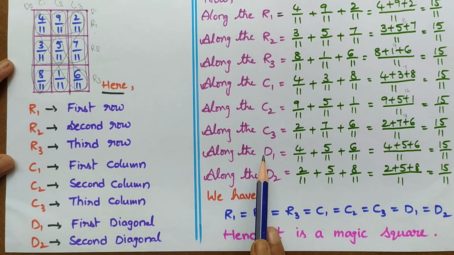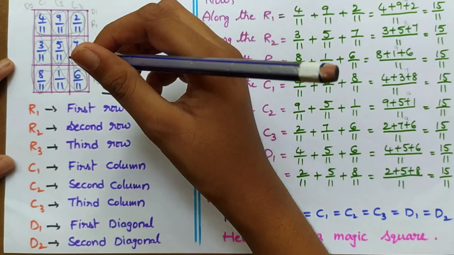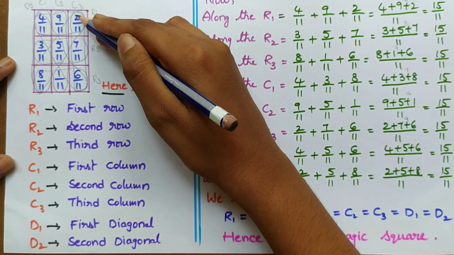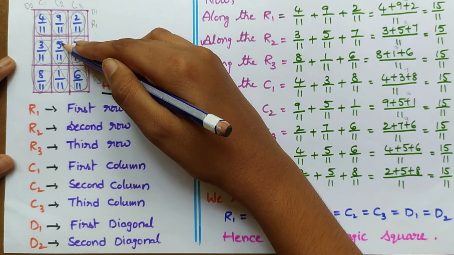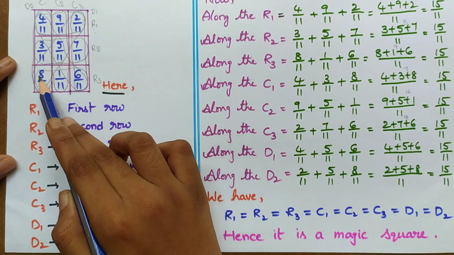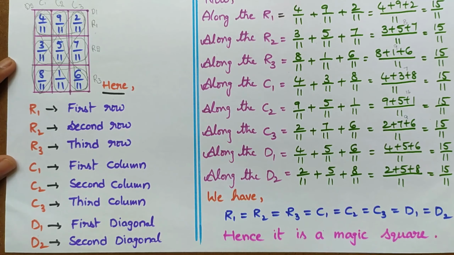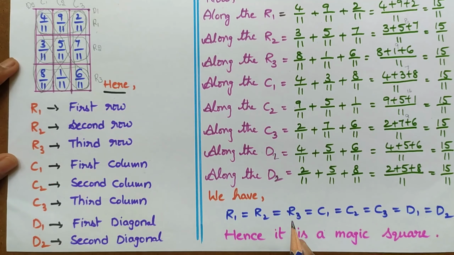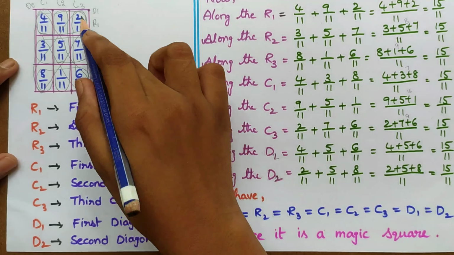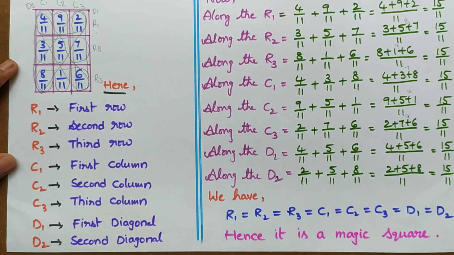And along the D1, D1 means first diagonal or diagonal number 1. So along the diagonal D1, the elements are 2 by 11, 5 by 11 and 8 by 11. The sum of its elements is 2 by 11 plus 5 by 11 plus 8 by 11.